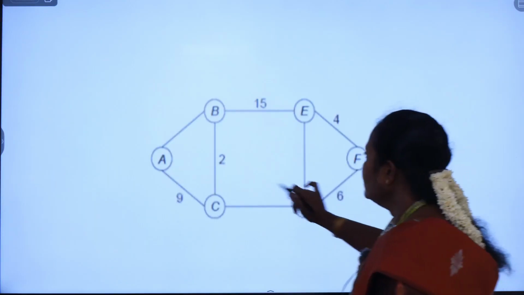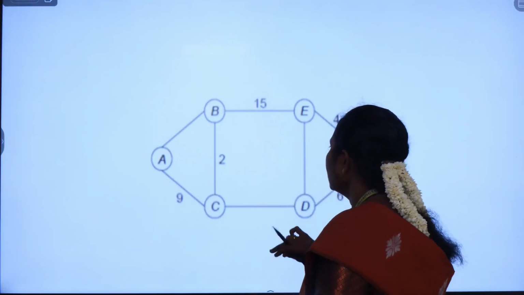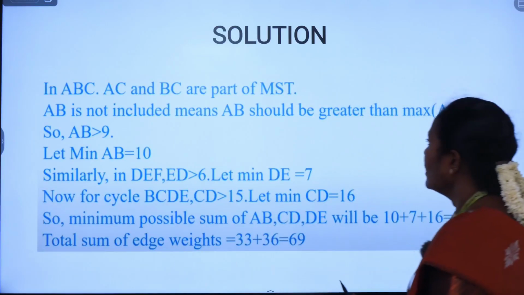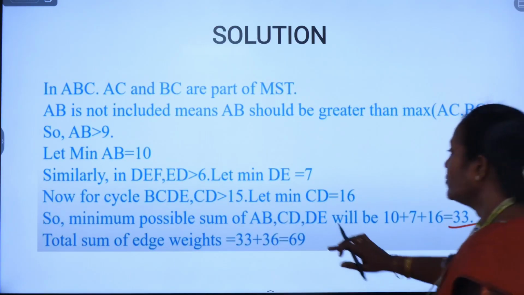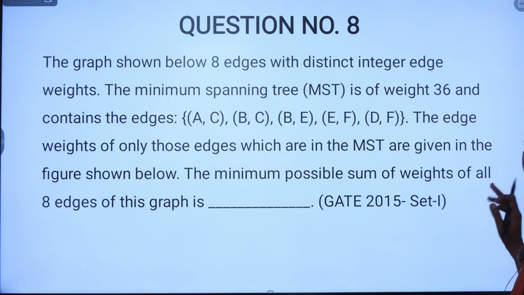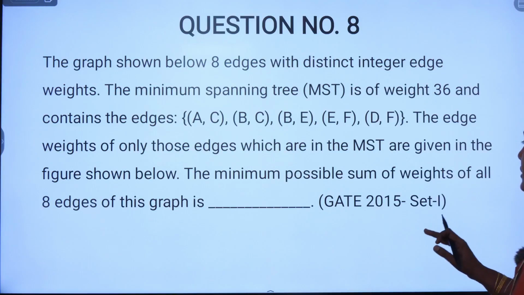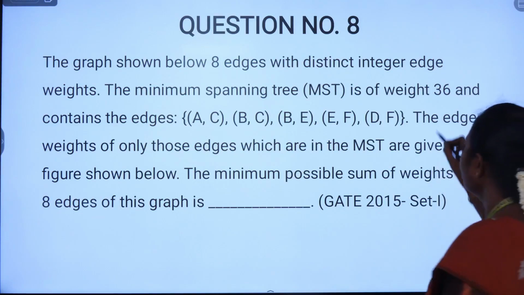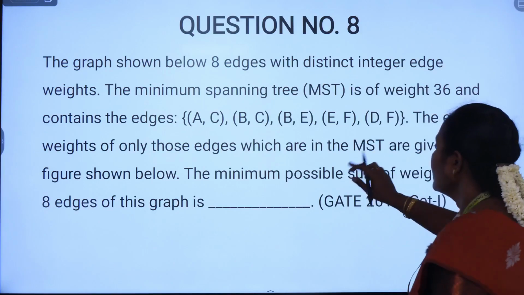We don't know the value for these 3 edges here. So next we are going to come to the solution, that is, we are going to find the minimum possible sum of weights of all 8 edges of this graph, where the weight they have given is 36.